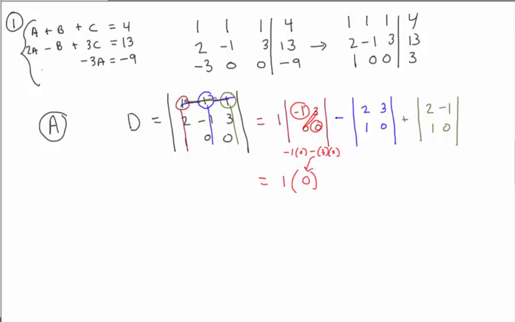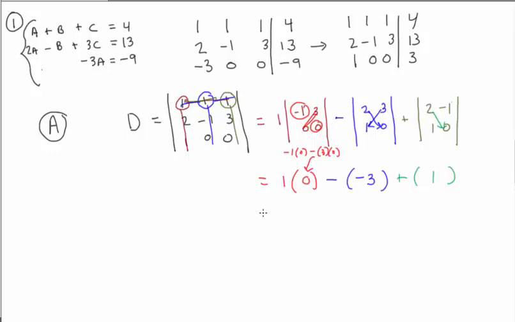Now let's take a look at the blue. So I have a negative. I've got to figure out the determinant. 2 times 0 is 0 minus a 3 times 1. That's going to give us a negative 3. And then finally for green, I have a plus. 2 times 0 is 0 minus a negative 1, which becomes a positive 1.